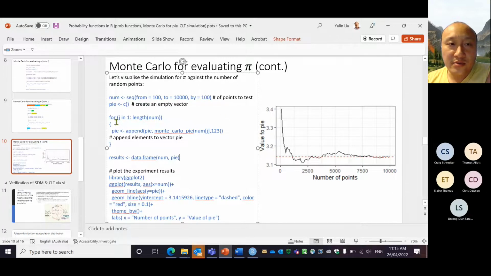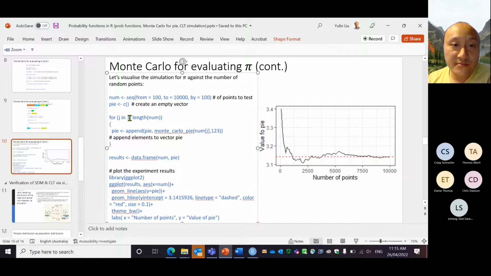So basically, I'm going to do a for loop again. For each number of points in this sequence, from 1 to the length of this sequence, which is 100 because we have 100 experiments from 100 to 10,000.